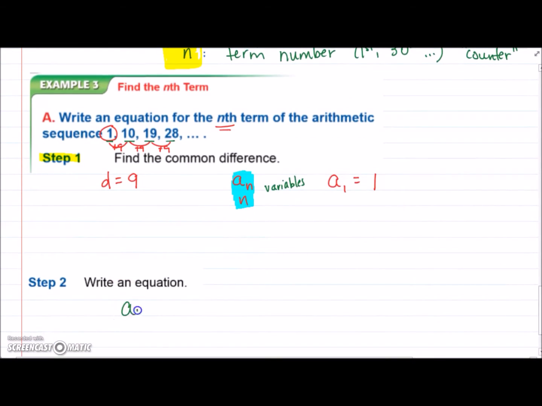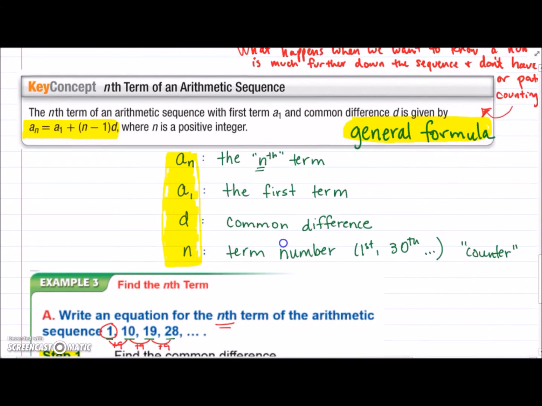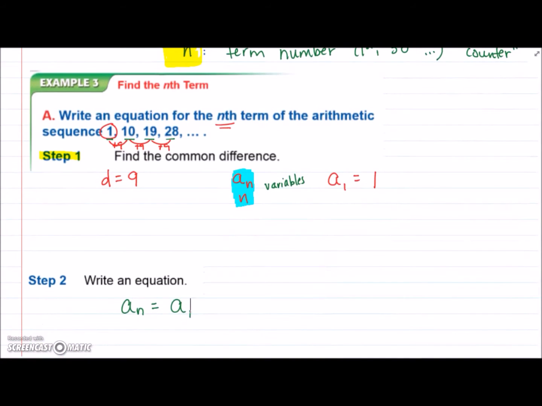So if we write the formula, we know that a sub n equals a sub 1. You can look back up at the top if you need to, but you're going to memorize it eventually. Plus, you use parentheses, you do n minus 1 times the common difference. And you're going to plug in the values you know.